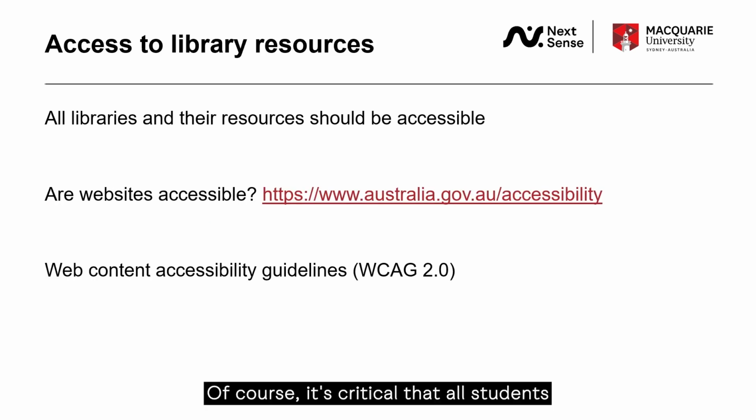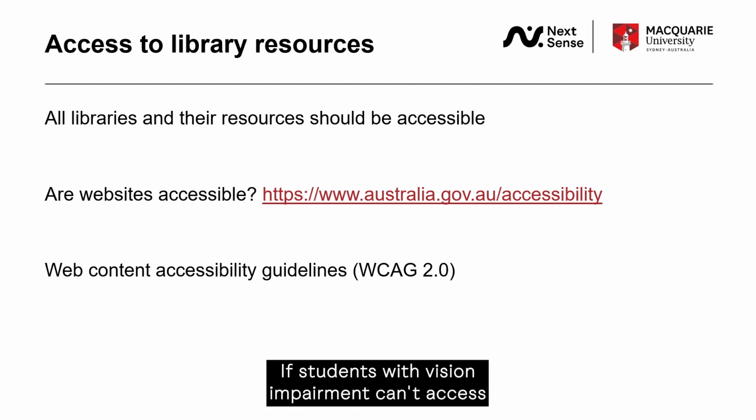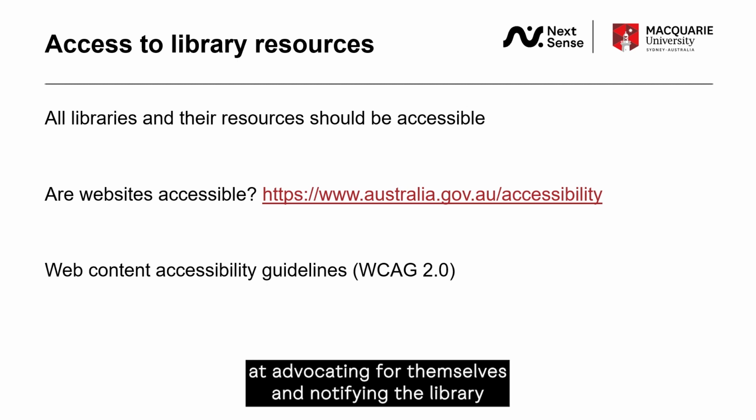Of course, it's critical that all students can access library resources, and now all libraries and their resources should be accessible, but perhaps that's not always the case. If students with vision impairment can't access something from a library, they are usually very good at advocating for themselves and notifying the library or you as the academic that something is not accessible.